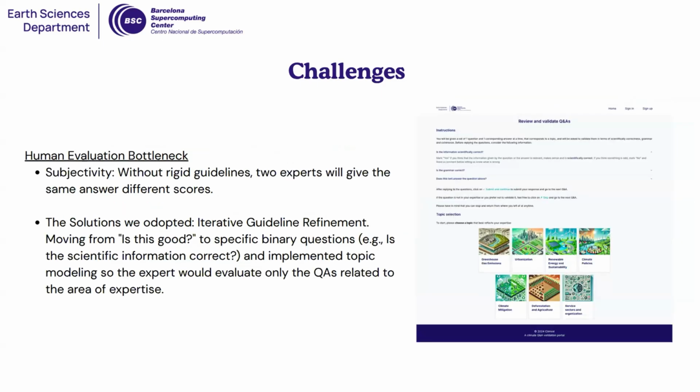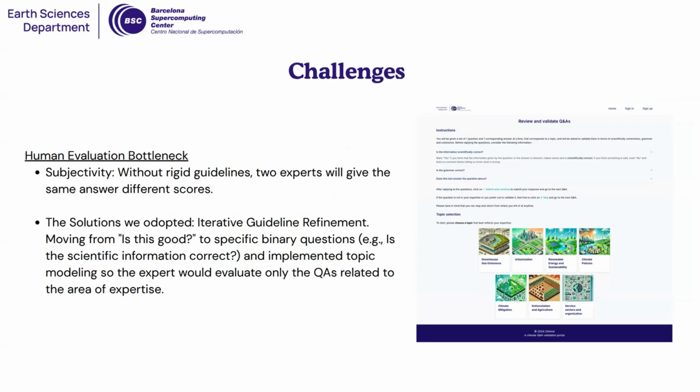To solve this, we moved away from vague subjectivity, because if you just ask an expert if an answer is good, you will get inconsistent scores. So we adopted an iterative guideline refinement, where we transitioned from open-ended questions to specific binary questions, like: is this scientific information correct, or is the grammar correct?